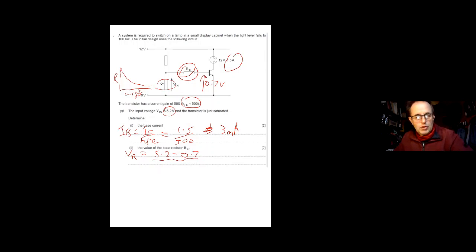So there's the voltage which is across it, and you've got your base current. There's your 3 milliamps. Type that into a calculator and that will give you 1,500 ohms.